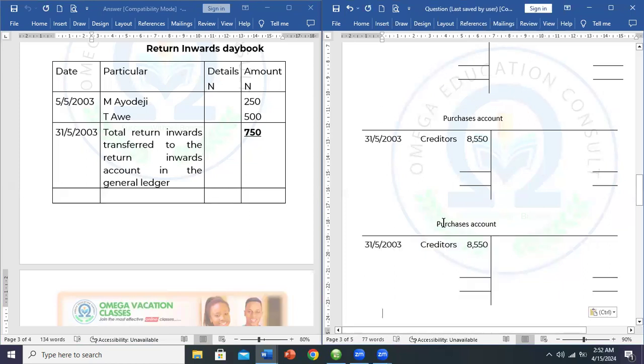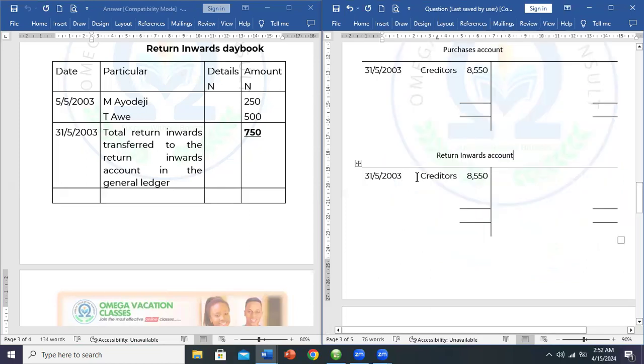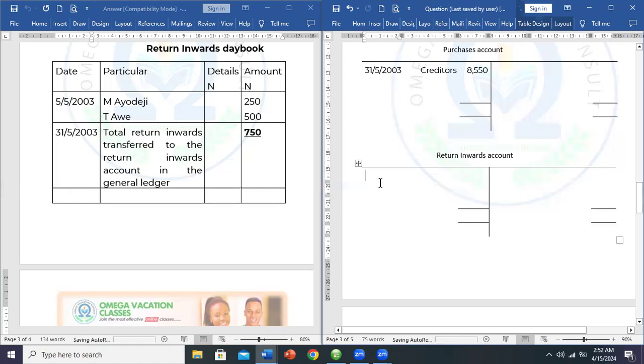Okay, so return invoice account. The entry we are supposed to pass in this return invoice account is a debit entry, because anytime there is return invoice, you debit return invoice. So we are going to use the closing date 31st May 2003. The details will be debtors because it is debtors who return goods to the business. And you put the total amount 750.